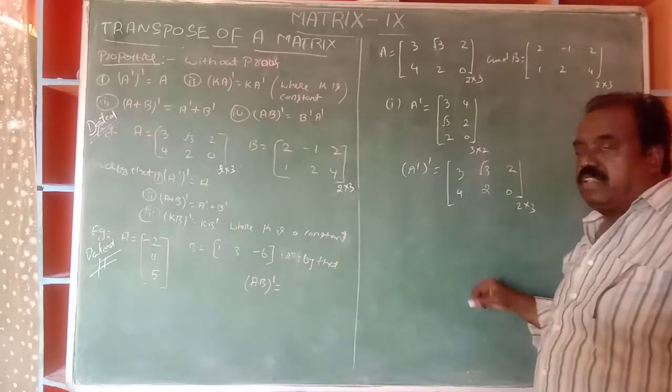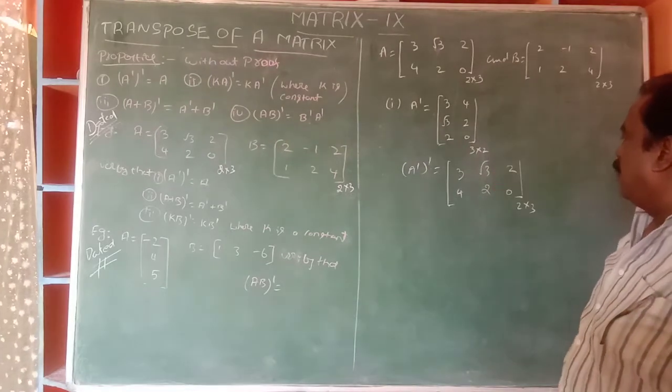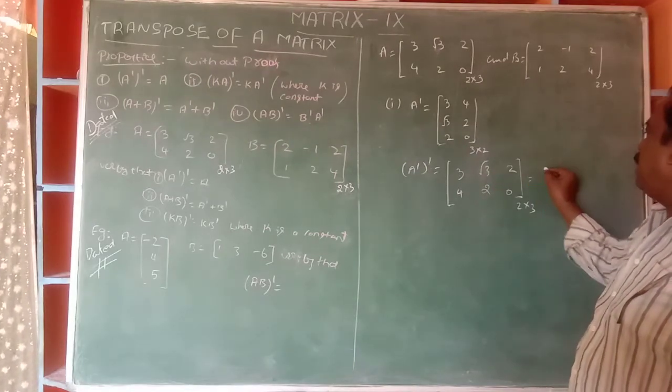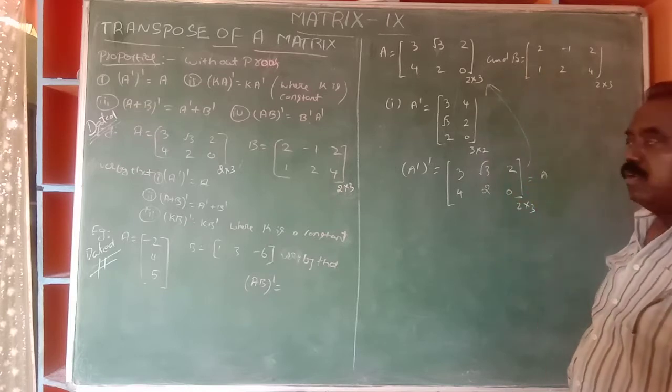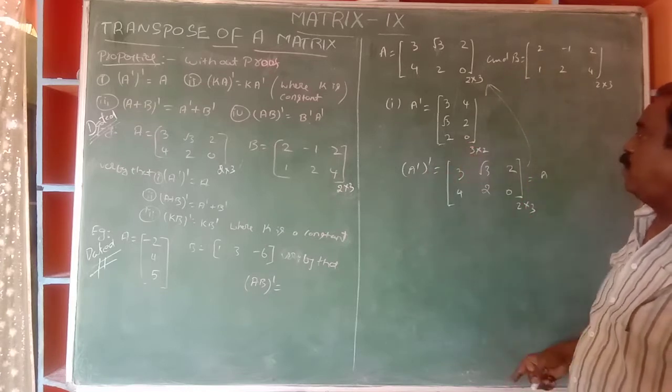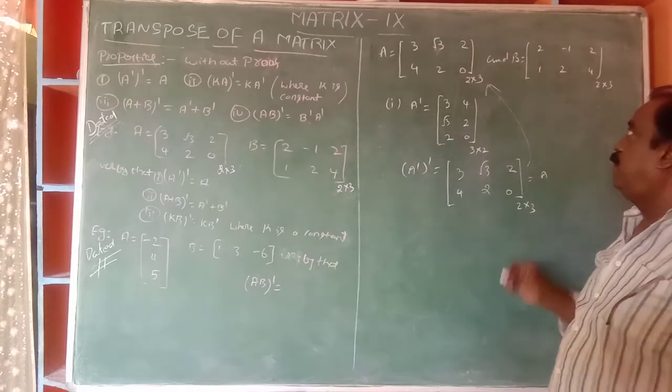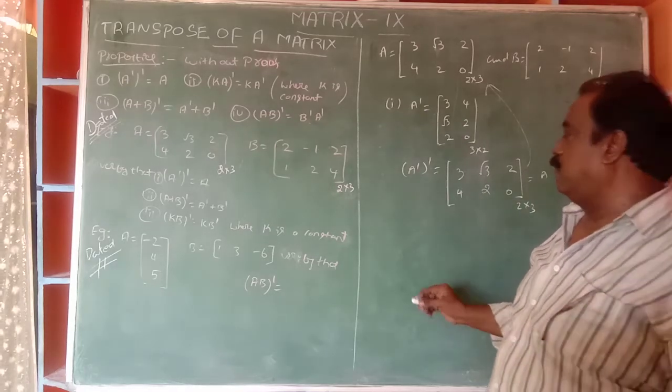It is an interchange of rows and columns. This is nothing but the given matrix again. So A transpose, whole transpose, is again A. So the first is solved.